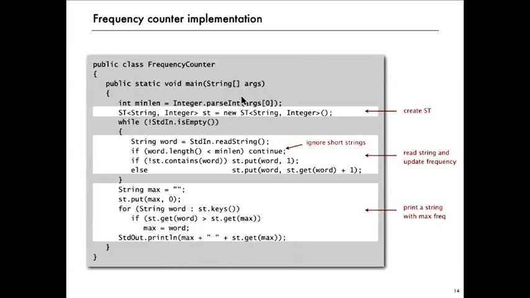So this is a useful and non-trivial client that's enabled by symbol table. But it won't work well unless we have an efficient symbol table operation. And we'll use this client to compare different symbol table implementations. So that's the symbol table API, and next we'll take a look at implementations.